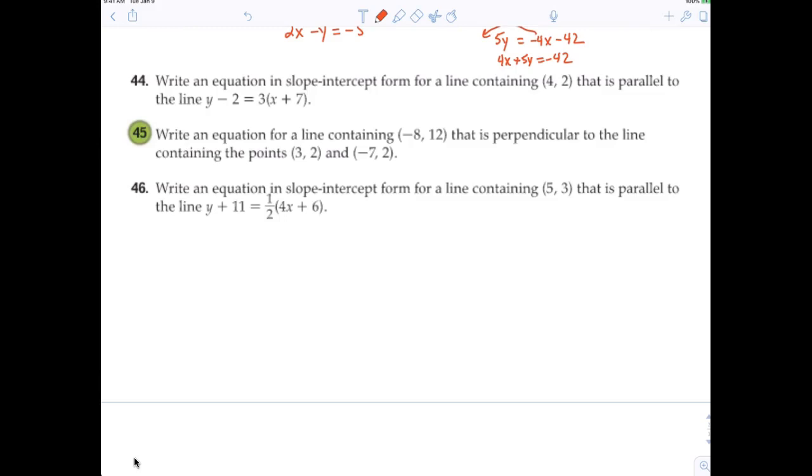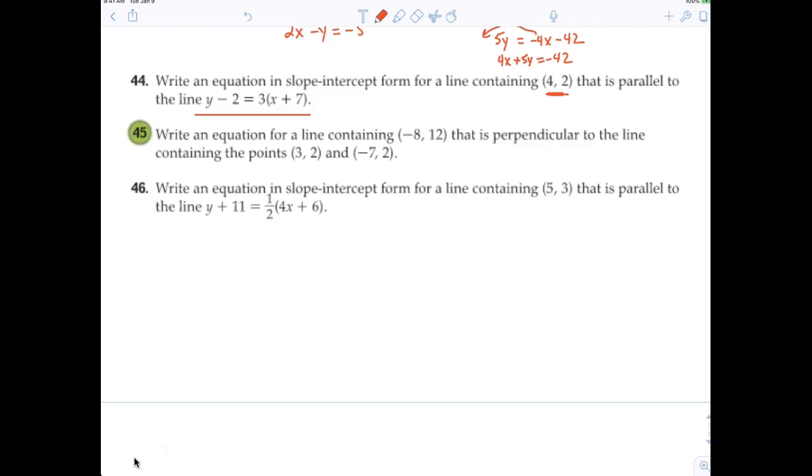Write an equation in slope-intercept form for the line that contains the point (4,2) that is parallel to this. So remember, the first thing you need to remember is anytime you want to write the equation of the line, you need a slope and a point. Now keep in mind the y-intercept is a point, so that's not bad.